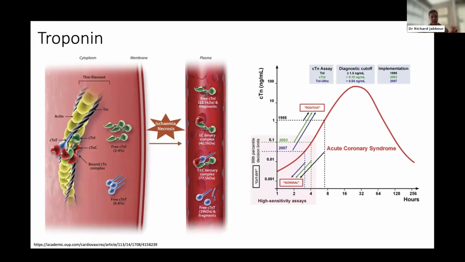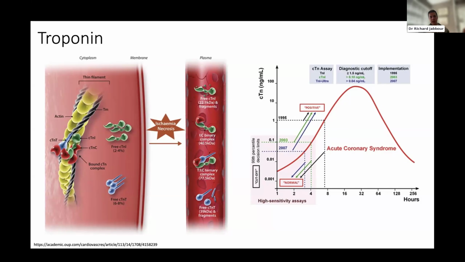So troponin is a protein found in all muscles. It's present in skeletal muscle and cardiac muscle, but the troponin that we test for is specific to the cardiac isoform. And over time, the assays have become more and more sensitive.